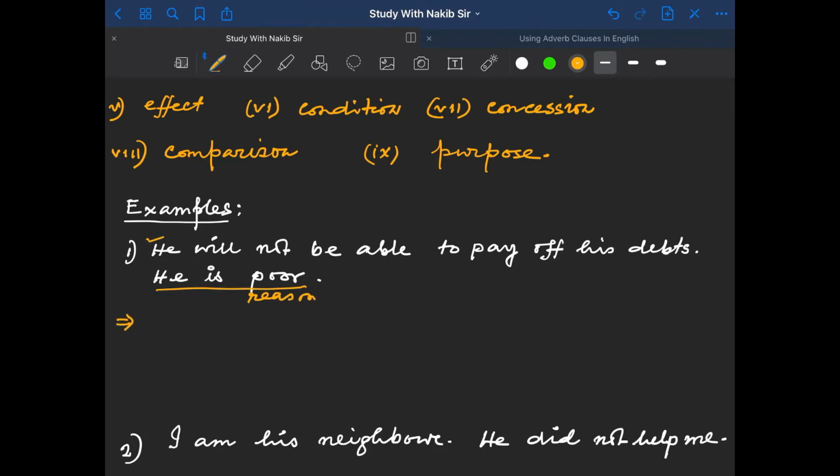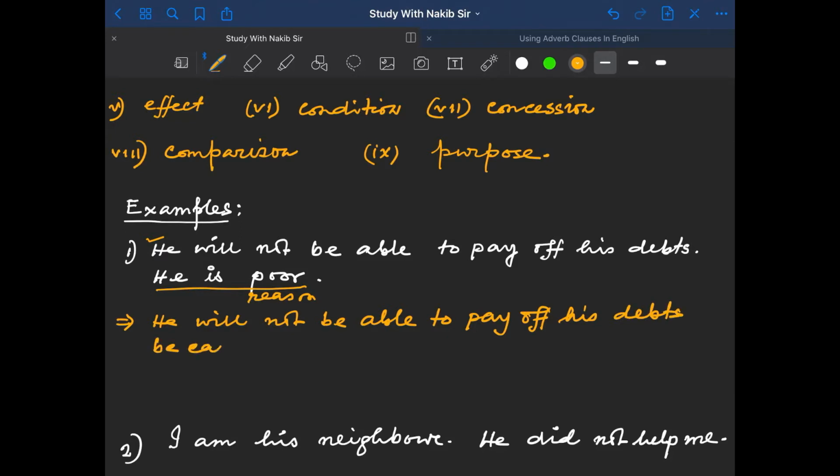So we'll do it this way: He will not be able to pay off his debts because, or as, he is poor. Okay, this is the reason.